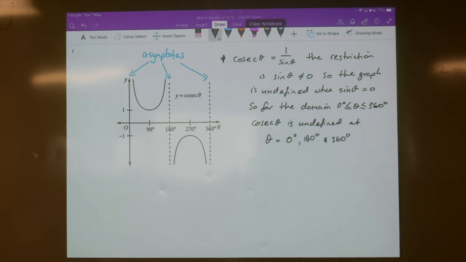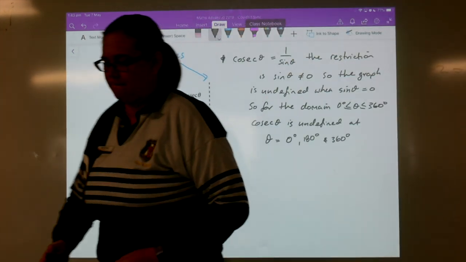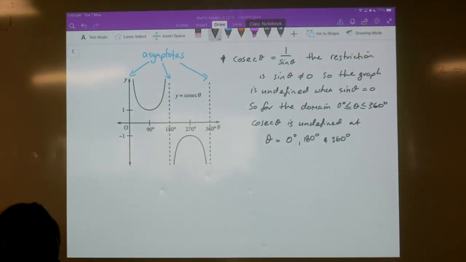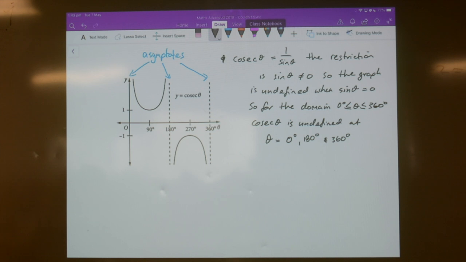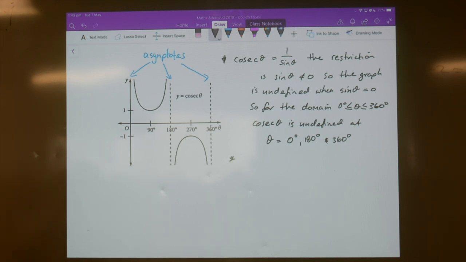Alrighty. Let's try and crack on. Okay. So, 2 more points to make about cosec. Alright. If sine theta equals 1, then what does cosec theta equal?